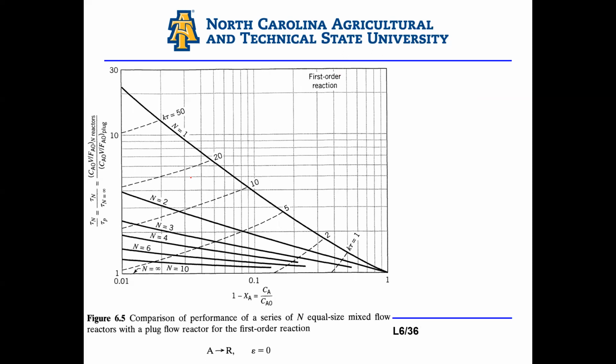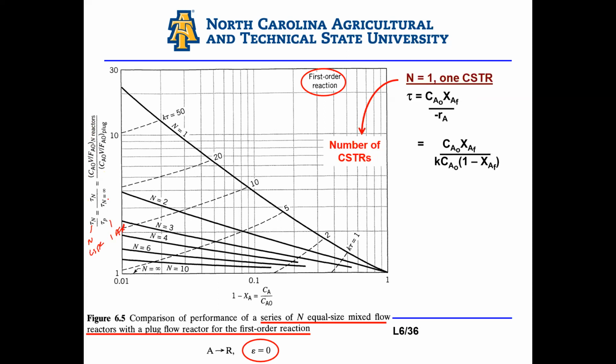And then you should also be aware of the idea that here I'm comparing the volume of n CSTRs versus 1 PFR. Is it better to just increase the number of CSTRs?